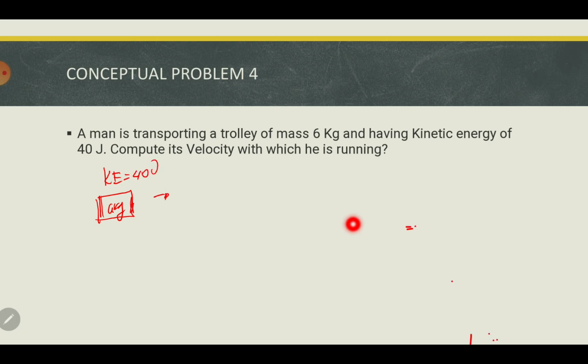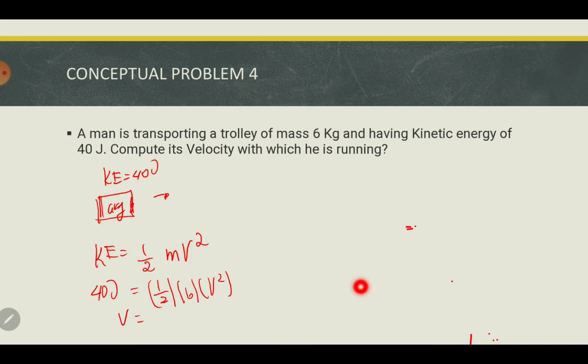Therefore, KE is equal to 1/2 mv squared, and we have our KE, which is equal to 40 joules, which is equal to 1/2 multiplied by mass 6 kg multiplied by v squared. So therefore our v is equal to 3.65 meters per second.